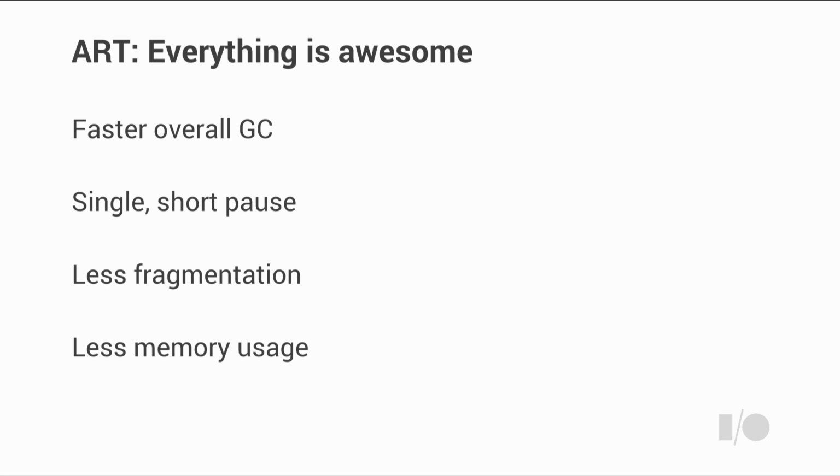So for ART, everything is awesome. We've fixed all of the problems. Open bugs if we haven't, please. So we've made the garbage collector faster by new garbage collection algorithms.